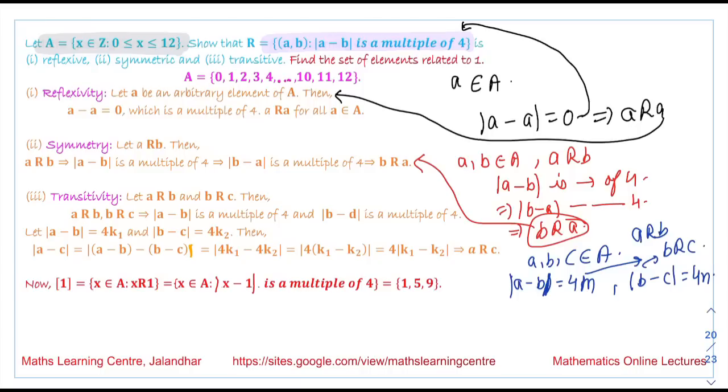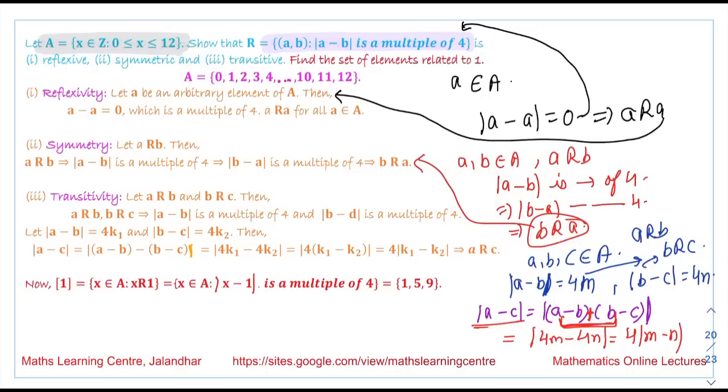Now if we look at this value, mod of a minus c, that will be equal to mod of (a minus b) plus (b minus c). What we have done is we have added and subtracted b in this expression, and this will be equal to mod of 4m plus 4n. 4 comes out, it is 4 times mod of m plus n.